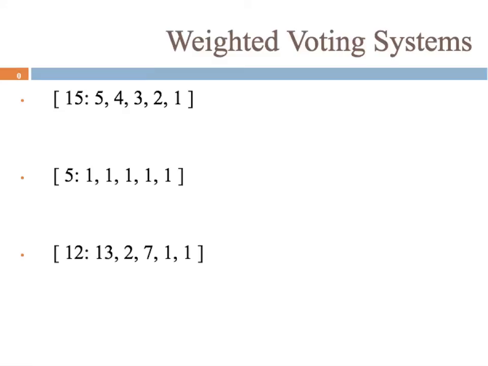Okay, these are our last 3 examples. The one on top, we have a quota of 15, and then we just have 5, 4, 3, 2, 1 as the weights. So player 1, player 2, 3, 4, and 5. And in this one, the total weight is 15 for that system. So this is definitely an example of unanimous, or one partner, one vote.